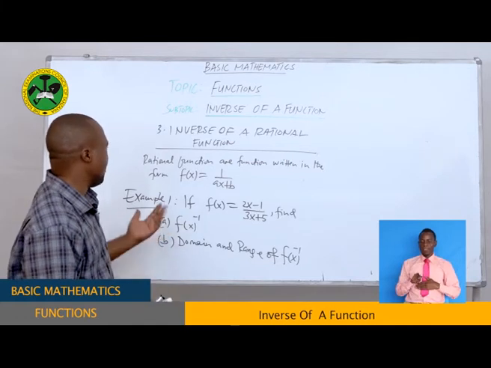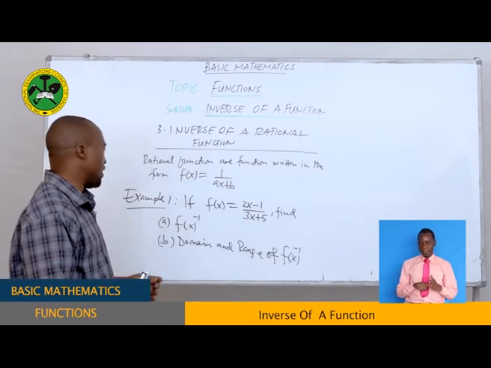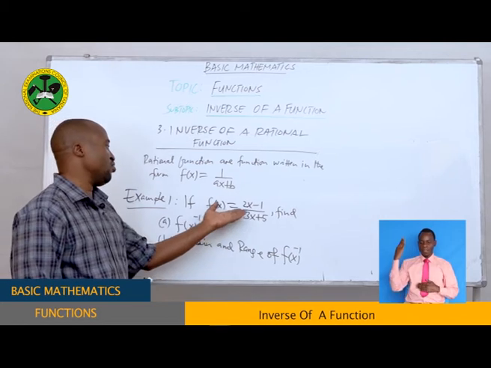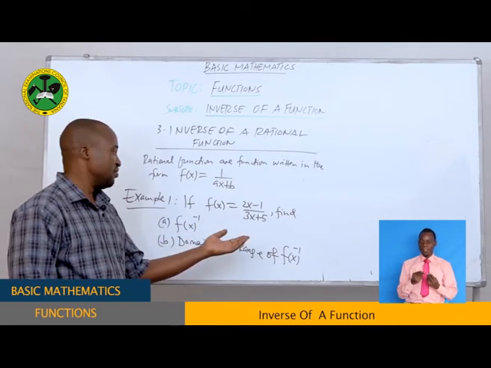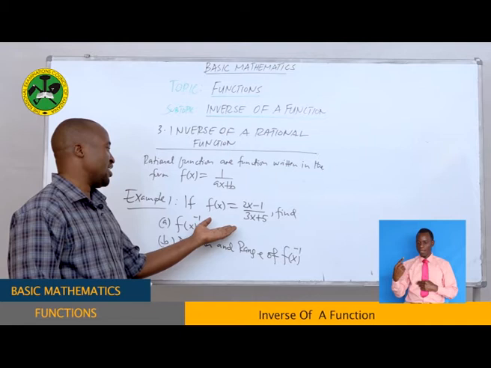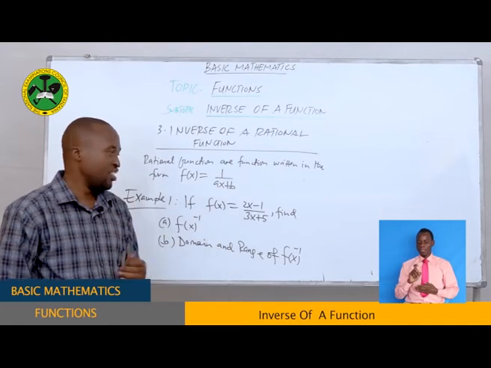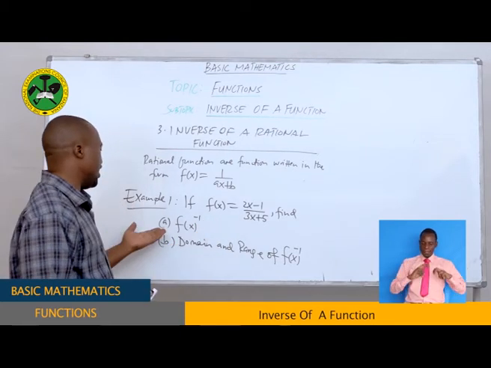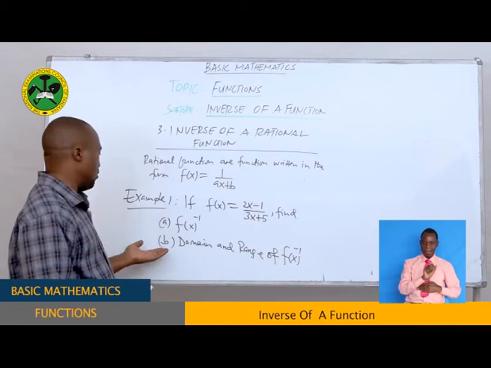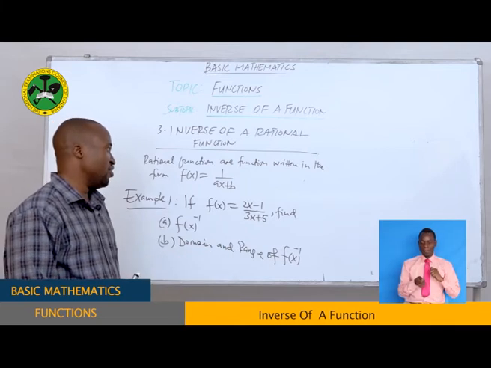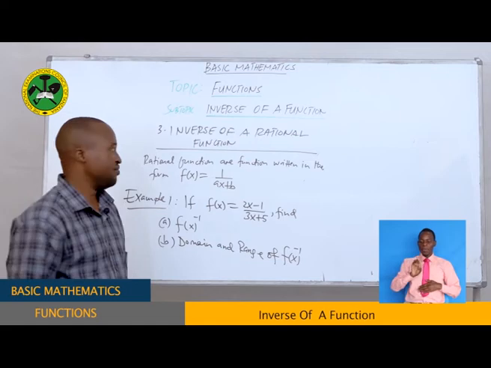So students, here is the first example: if f of x is equal to 2x minus 1 over 3x plus 5, find A, f of x inverse, and B, the domain and range of f of x inverse.